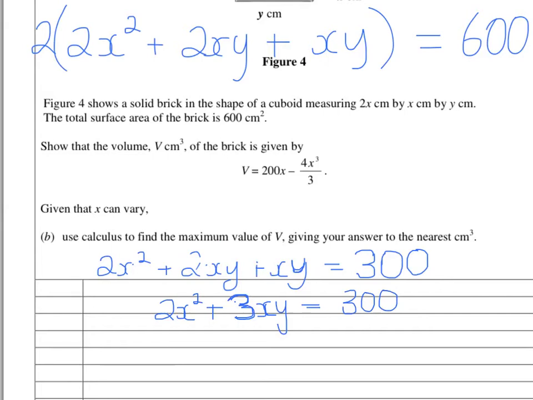I can see in the V that there is no y in there, so I'm going to want to get rid of y at some point. So that indicates that I want to rearrange this equation to get y in terms of x. And you'll see how that comes in handy.